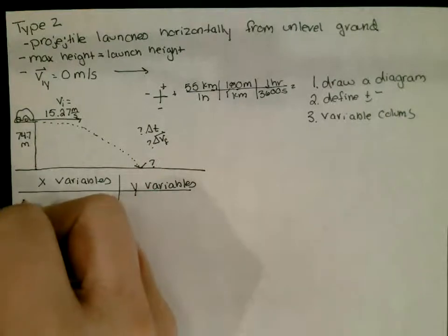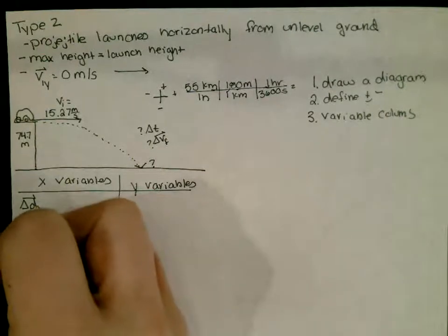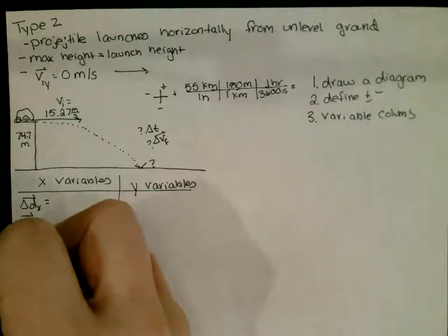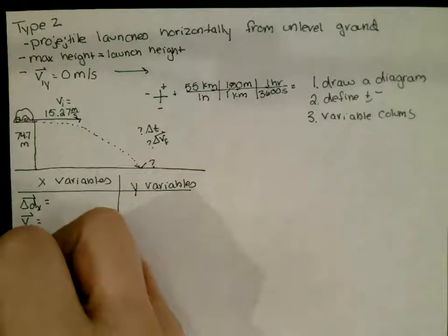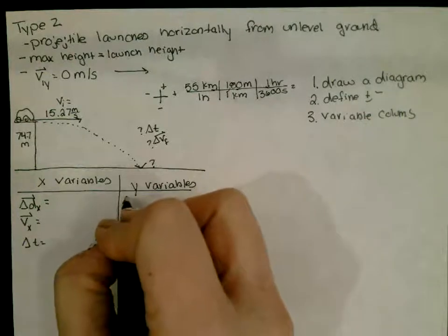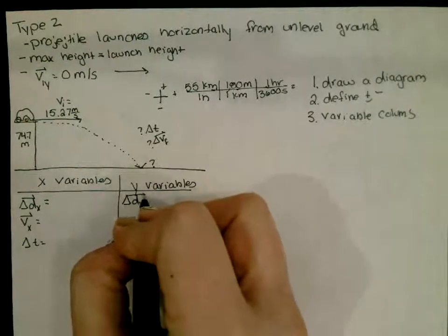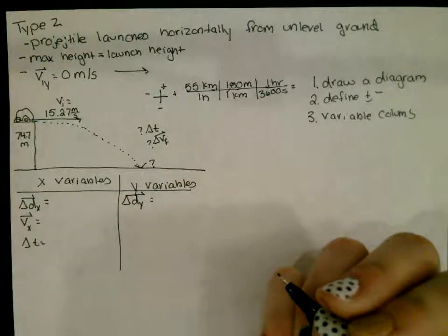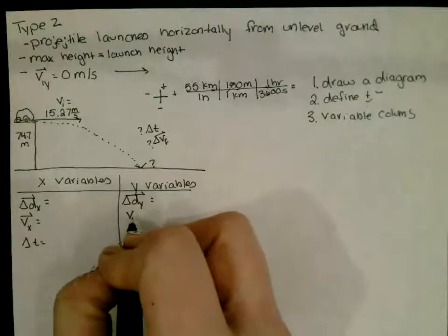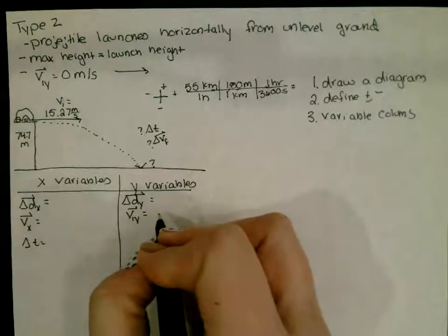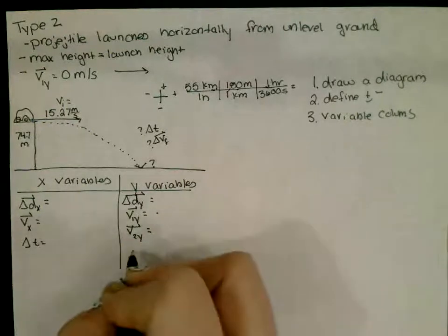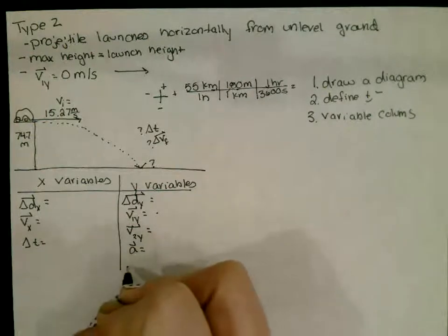On the x-axis, I have my range, my horizontal velocity, and change in time. On my y variables, I have my change in displacement, or my vertical displacement, my initial y velocity, my final y velocity, my acceleration, and my change in time.